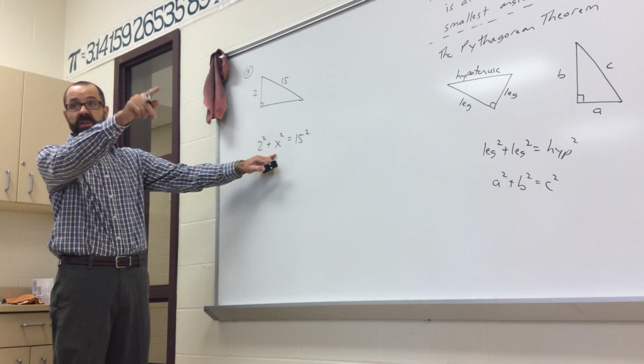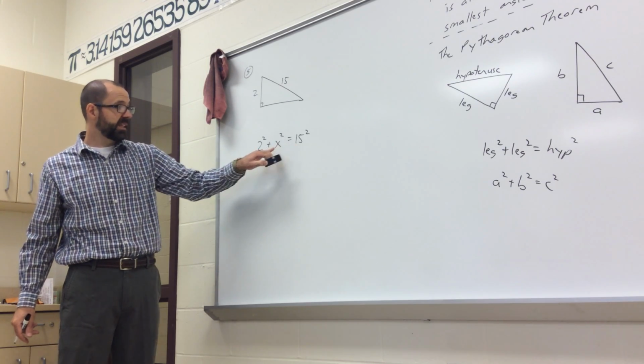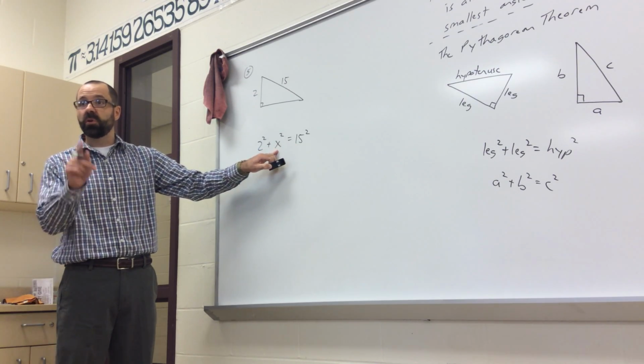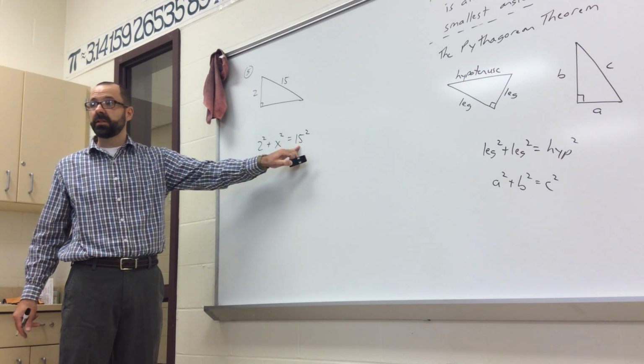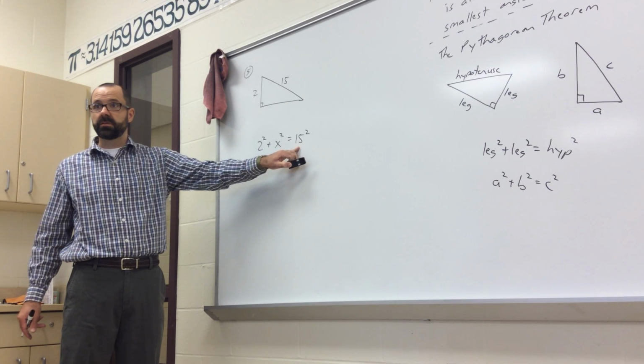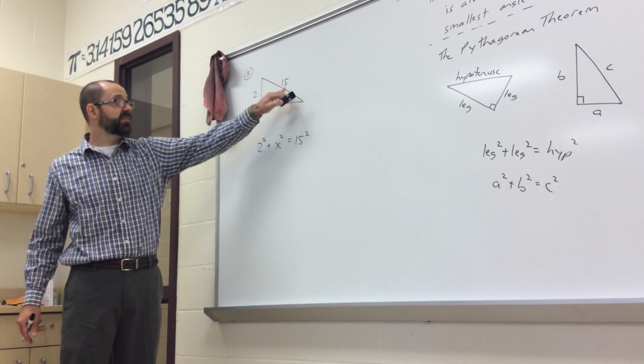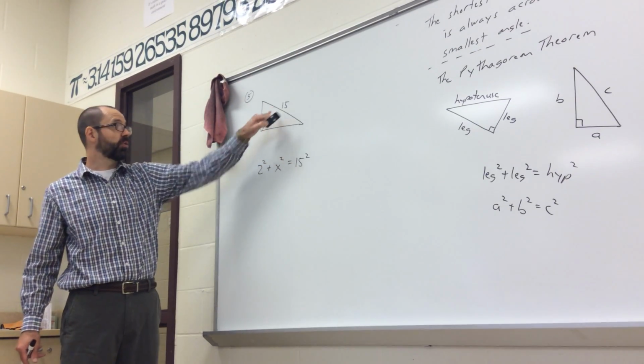So notice the difference between number 4 and number 5. In number 5, the unknown goes here, but in number 4, the unknown went there, because that's the hypotenuse. So over there, x was the hypotenuse. Over here, 15 is the hypotenuse, across from the 90.